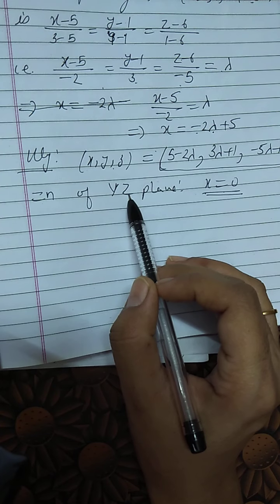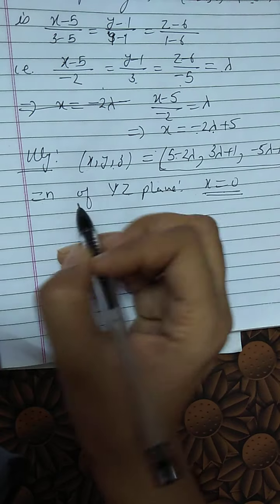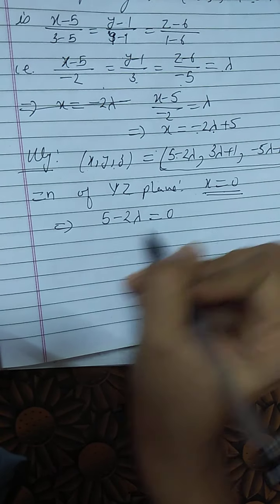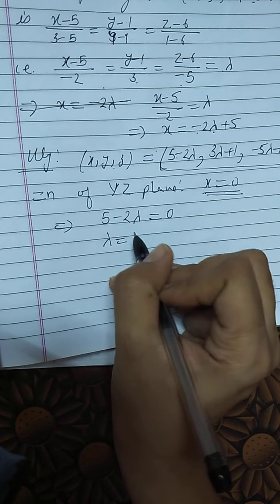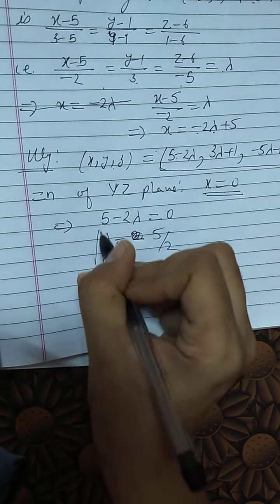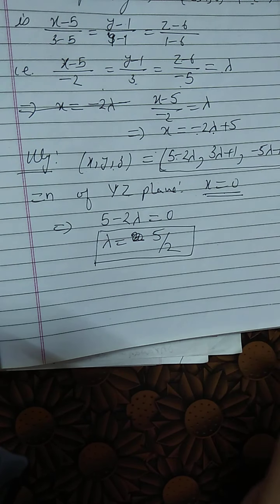If it is passing through the YZ plane, there will be no x coordinate, so I will equate the x coordinate to 0. So 5 minus 2 lambda is 0. That means the value of lambda will be 5 divided by 2.